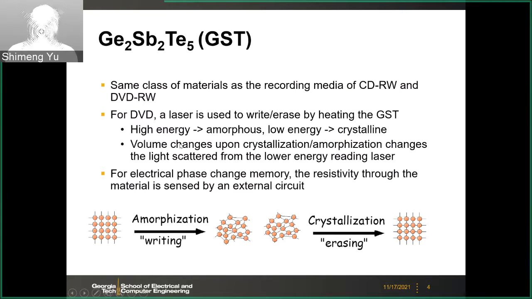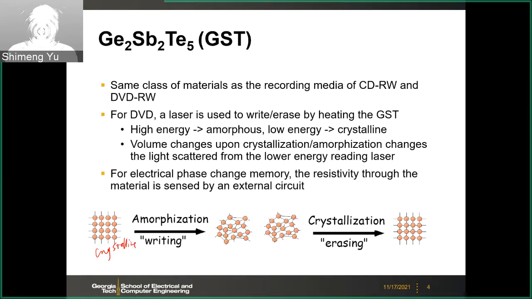So basically, if you shine the laser to your disk, then you will create this heating, and then it will change the phase of that GST material between this amorphous state and the crystalline state. And as we discussed before, this long-range ordered crystal structure is called the crystalline phase.